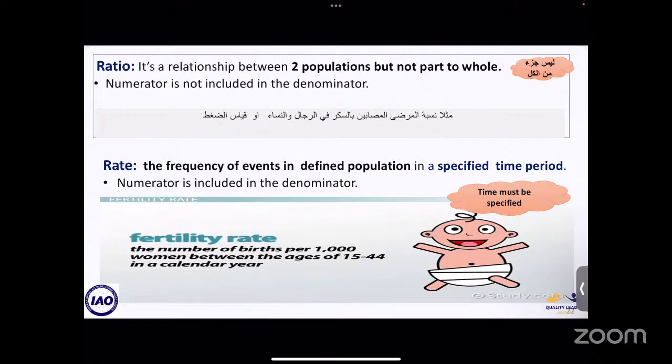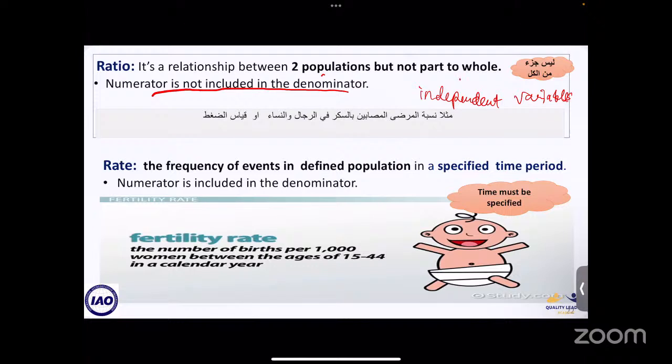Systolic. Yes, it's the systolic. And the denominator is diastolic, which are independent variables. So the numerator, as I said, is not included in the denominator. It is the relationship between two populations, but not part to a whole.